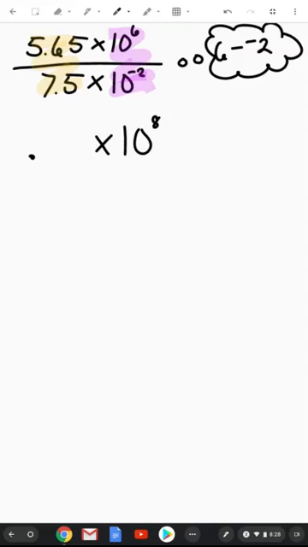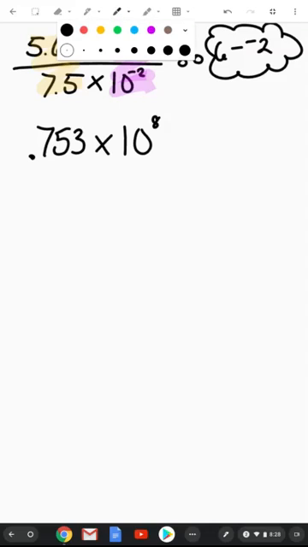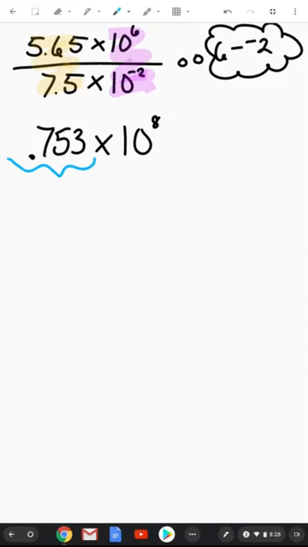So here's where we're going to have an extra step that we didn't have in that last problem. This is the number that I got when I did 5.65 divided by 7.5. I know that this cannot stay like this because that number is not greater than 1 and less than 10.